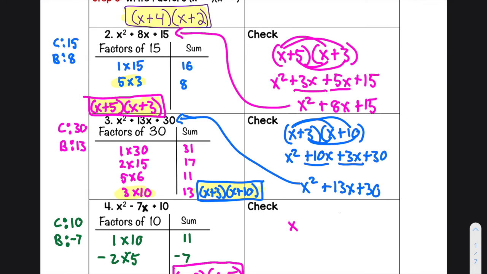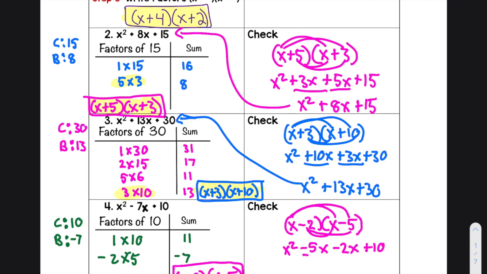Over on the right, we're going to make sure that when we multiply x minus 2 times x minus 5, these are the correct factors and their product are our original trinomial. X times x is x squared, x times -5 is -5x, -2 times x is -2x, and -2 times -5 is +10.